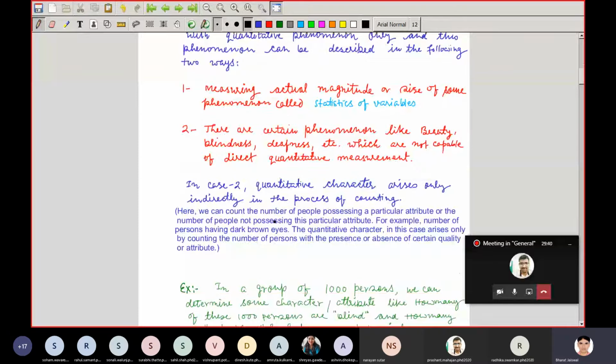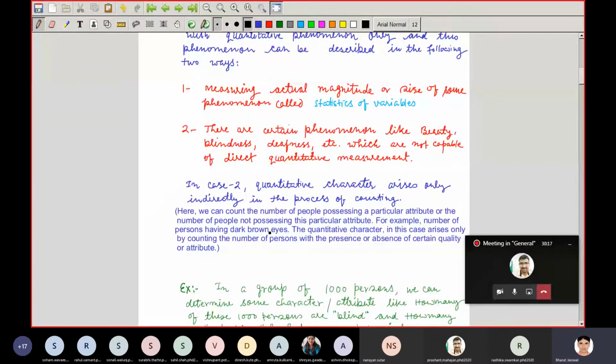So in the second case, the quantitative character arises only indirectly in the process of counting. Here we count the number of people possessing a particular attribute, or the number of people not possessing this particular attribute. Suppose there are a number of persons having dark brown eyes. The quantitative character in this case arises only by counting the number of persons, but we cannot describe how extensively their eyes are brown.